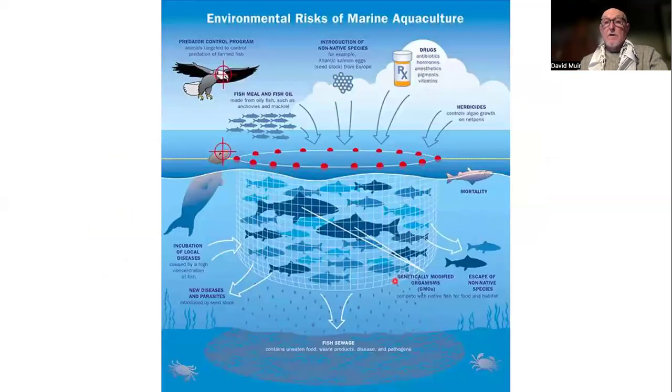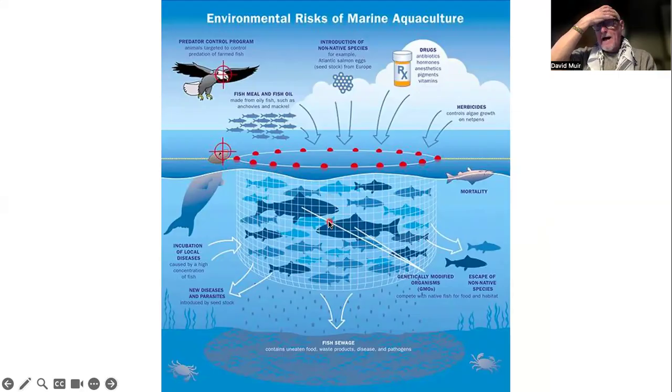So the problem is that this is not an entirely benign industry. There are a huge number of problems associated with aquaculture. And probably one of the most important is this issue of what they are fed. They are fed a diet that is very high in oils and in animal proteins.